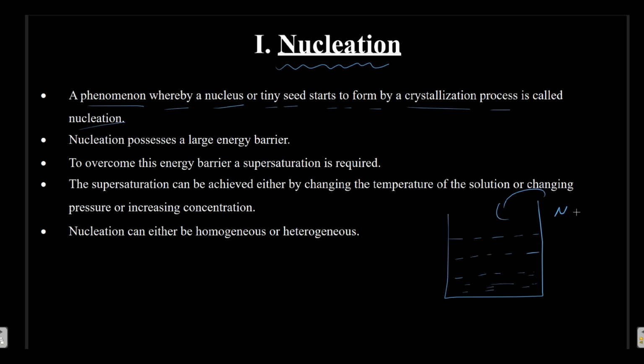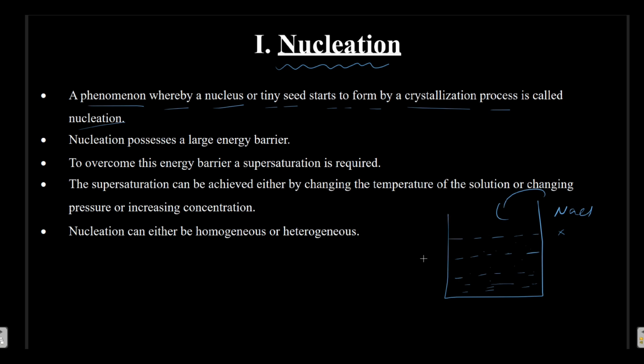Suppose we want to make the crystal of sodium chloride. Now we will make a saturated solution, that is adding more and more solute, that is sodium chloride, until the sodium chloride will stop getting dissolved. So there will be sodium chloride over here, right? This water will be filled by sodium chloride. A saturated solution will be made over here.